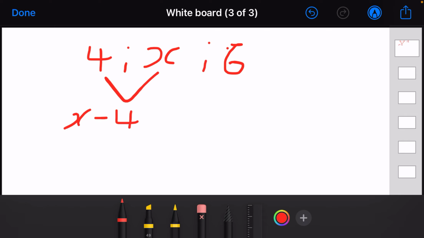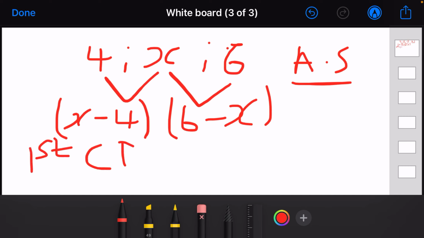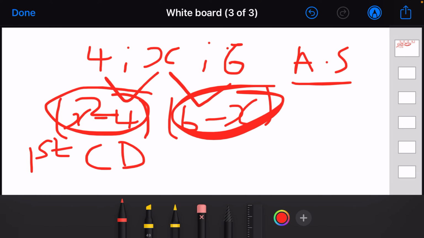So that means this can be equated to that, and again this can be equated to that. Let me check, I just want to make sure that I've explained that part correctly. Remember, the first difference is that minus that, and the second difference is that minus that.